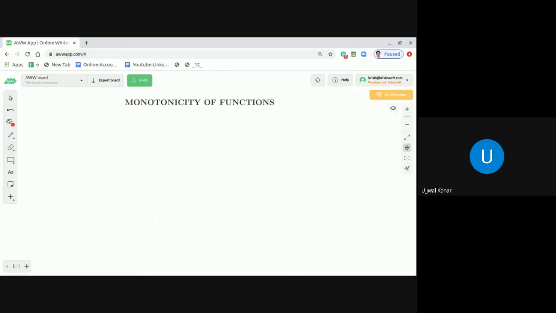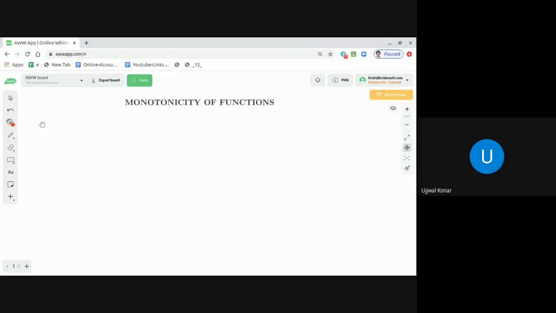Okay, so let us understand what is meant by monotonicity. Let us take a function y equal to f(x), and we are going to discuss when the function is increasing, when the function is decreasing, and when the function is constant.